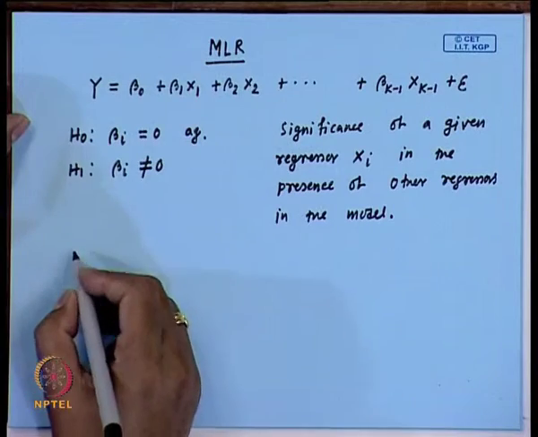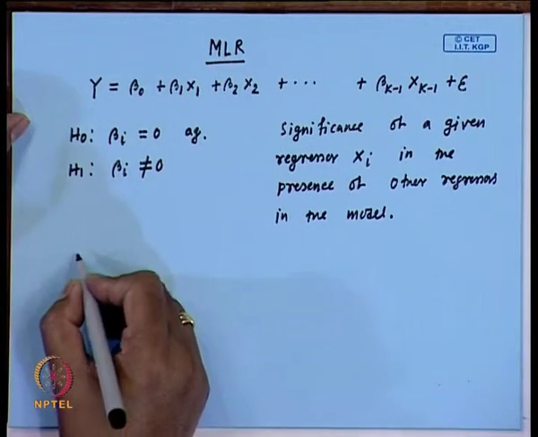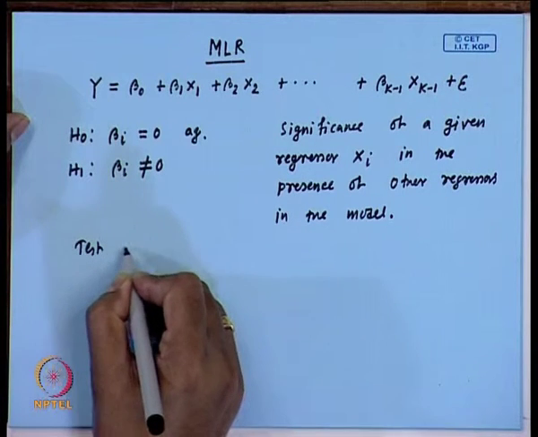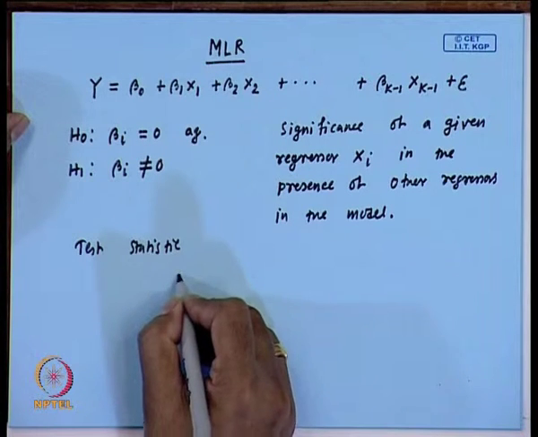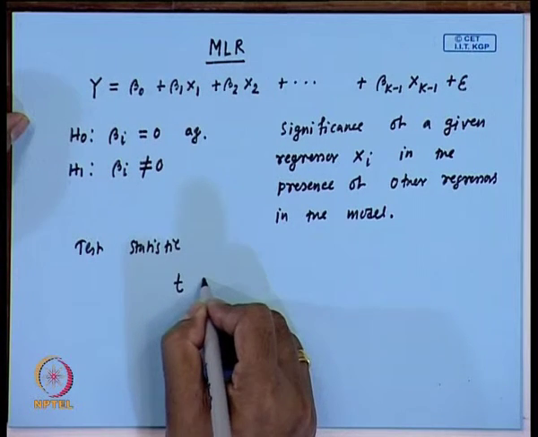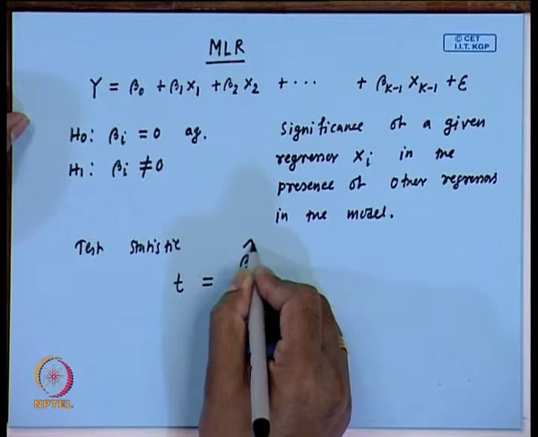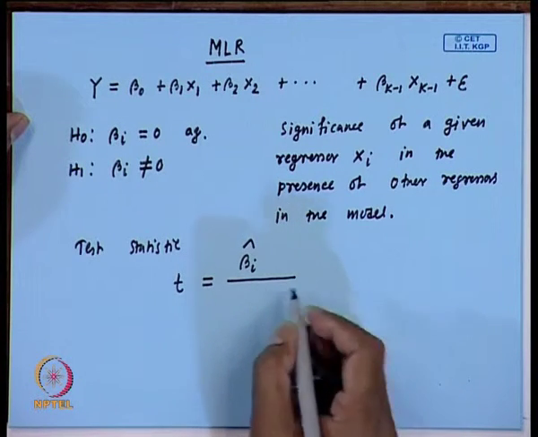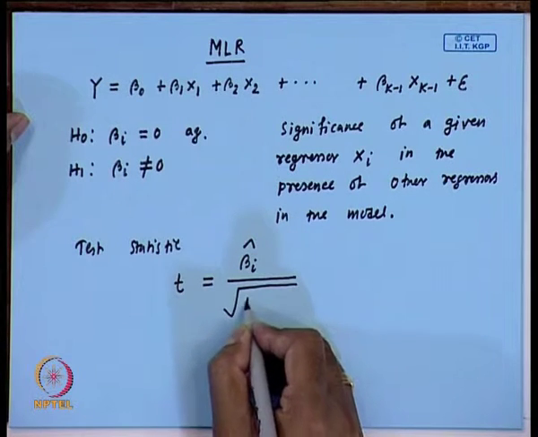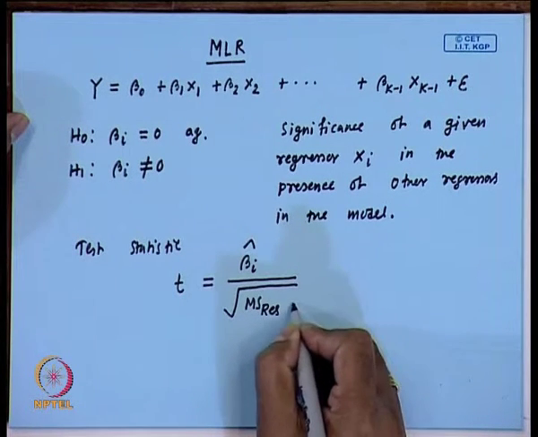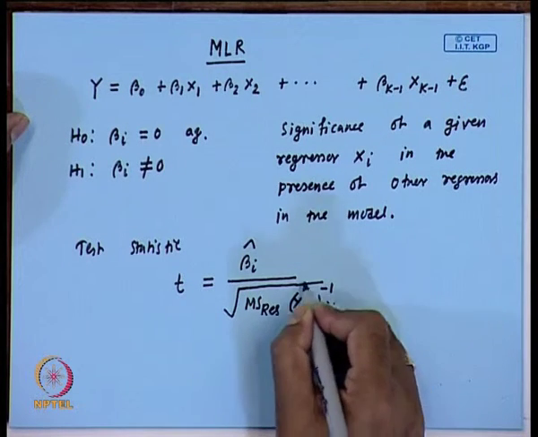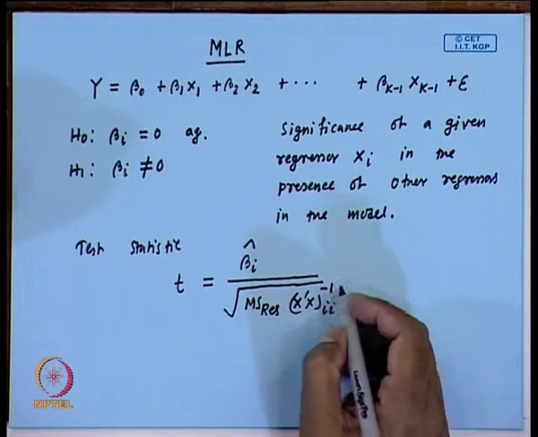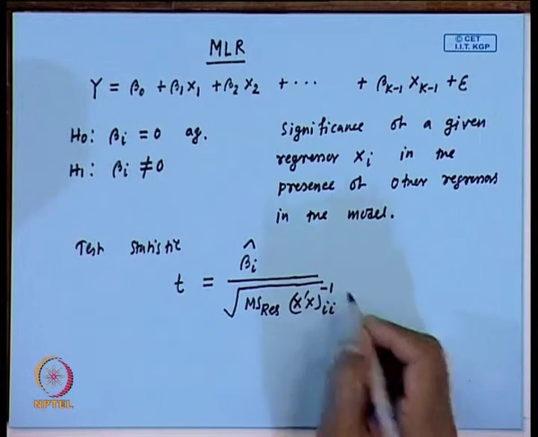Let me recall that. The first one is to test this hypothesis using the test statistic t, which is equal to beta i hat divided by the square root of MS residual times C i i, where C i i is the ith diagonal element of X prime X inverse.